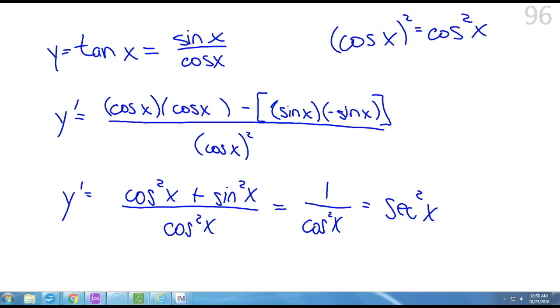Questions on that process, because I'm going to have you do cotan. Find the derivative of cotan. This one's a little trickier. I'll leave that up.